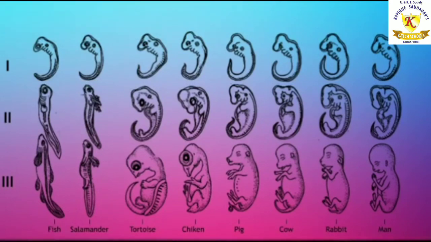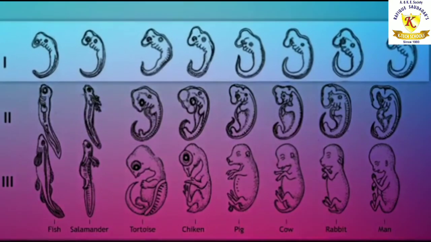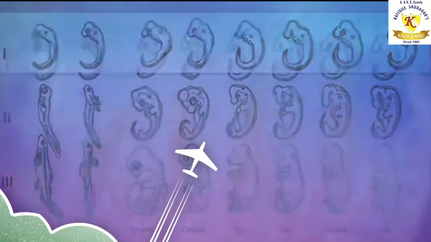Comparative study of embryonic developmental stages of various vertebrates given in the picture shows that all embryos show extreme similarities during the initial stages and those similarity decreases gradually. Similarities in initial stages indicates the common origin of all these animals.